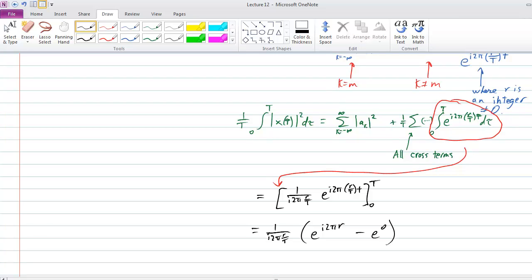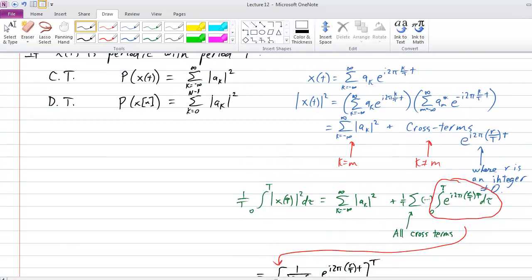Okay, and this is 1 and this is 1. So these go away. So that's a nice property.